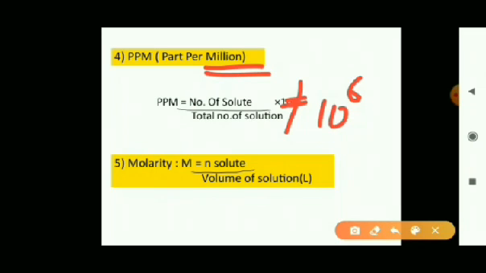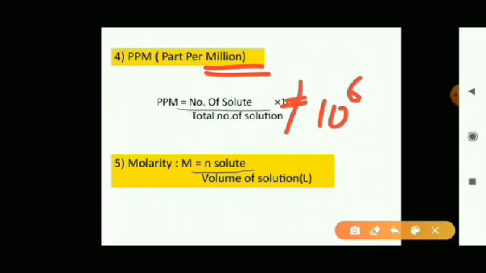Next is molarity. What is molarity? Molarity is defined as number of moles of solute which is dissolved in 1 liter of solution.